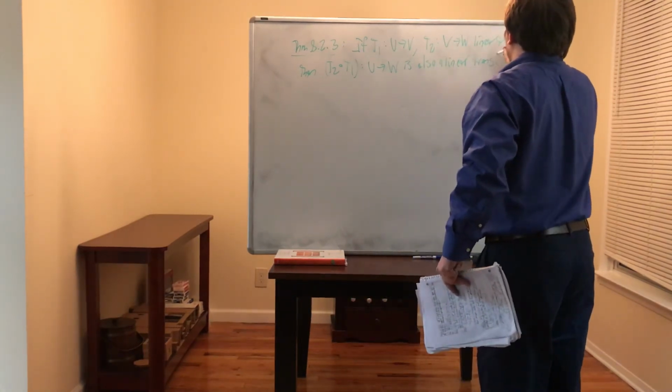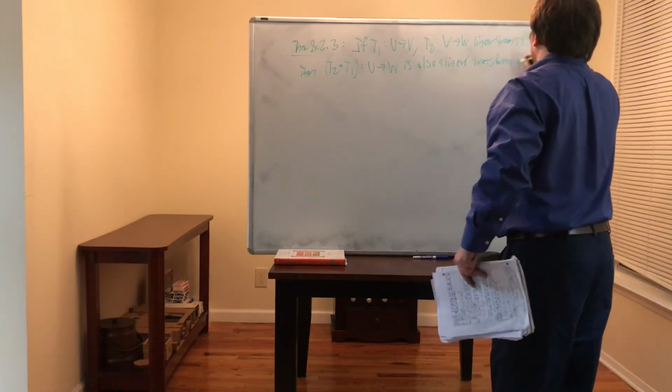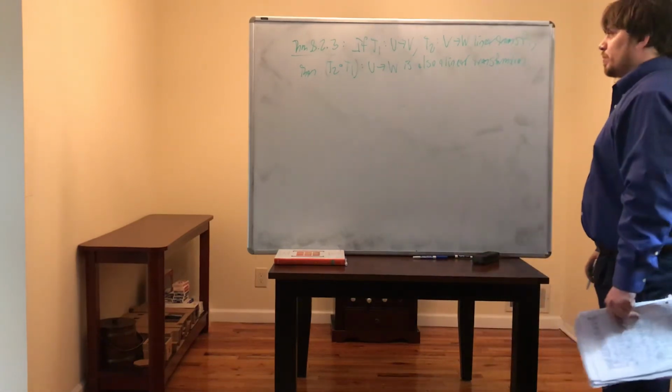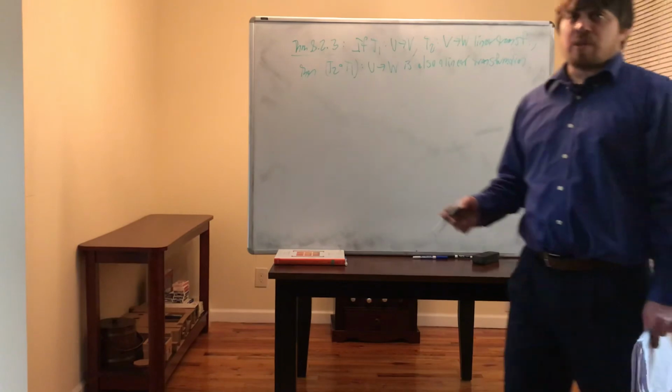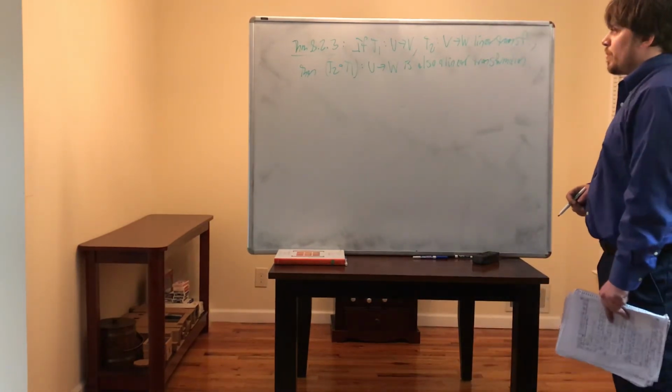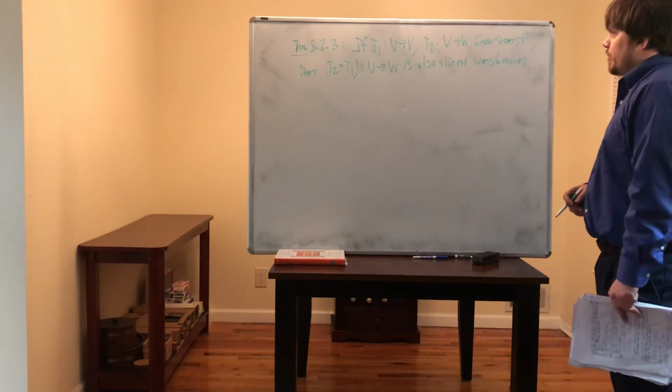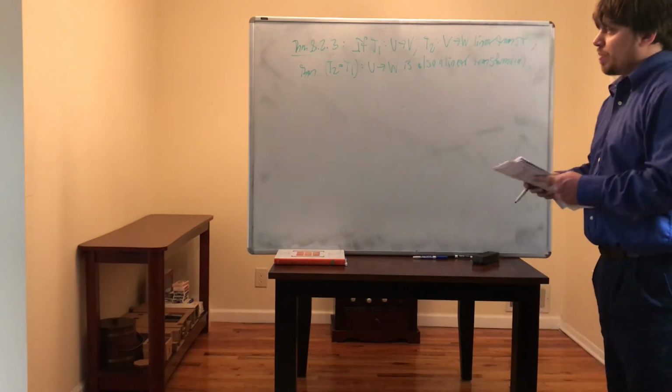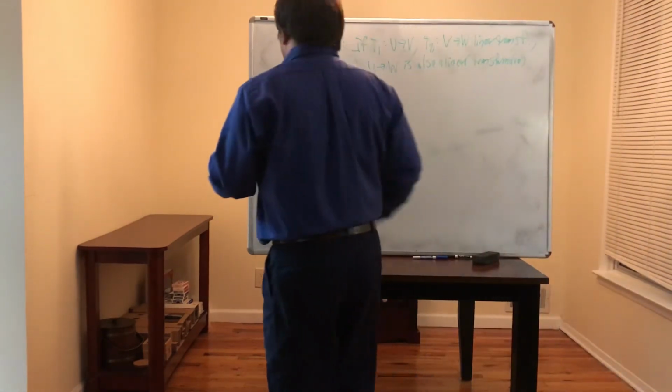What that means is a composition of linear transformations is another linear transformation. Compositions of linear transformations are linear transformations. That's what this theorem says. Okay? That's theorem 8.2.3.